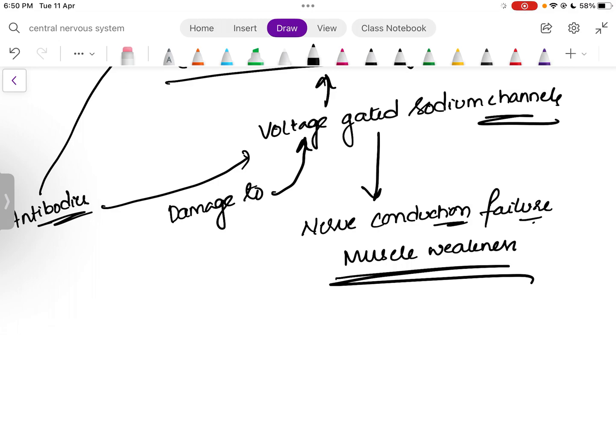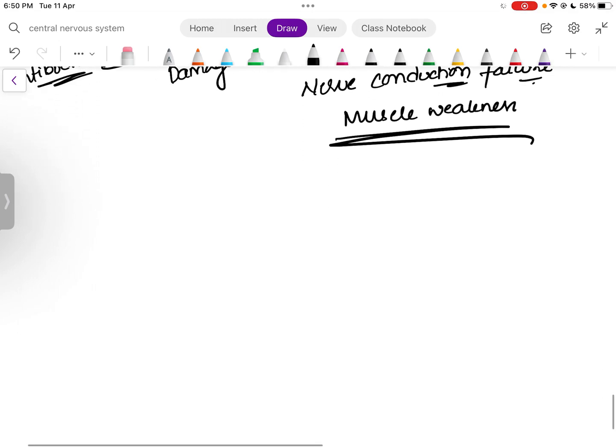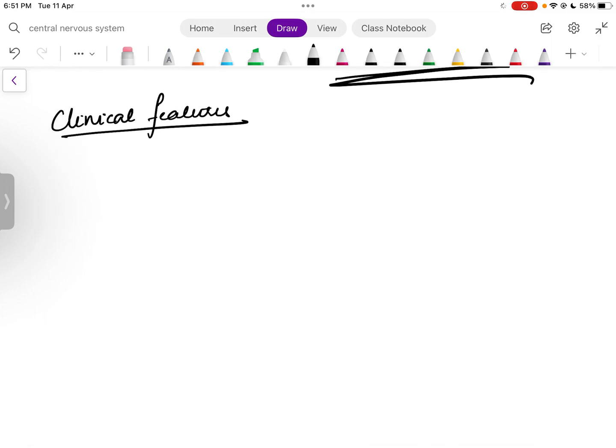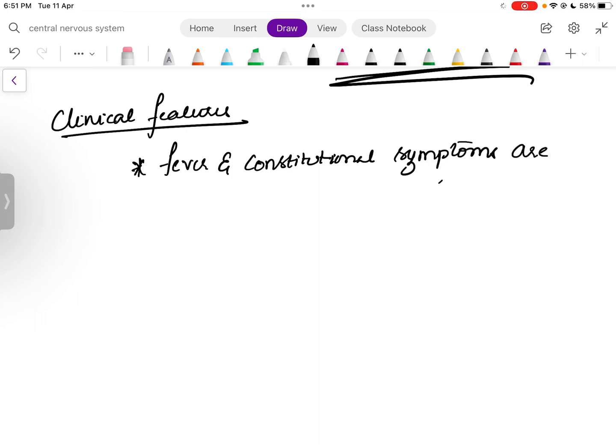Now we will see the clinical features. The most important thing we have to keep in mind is that fever and constitutional symptoms are absent at onset of GBS.